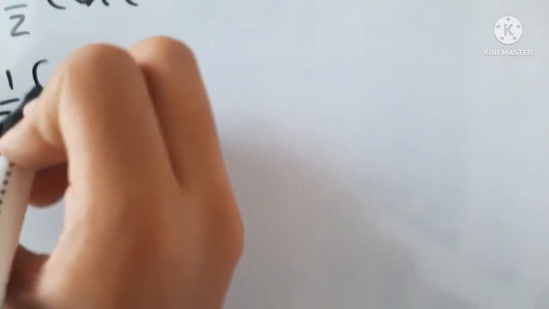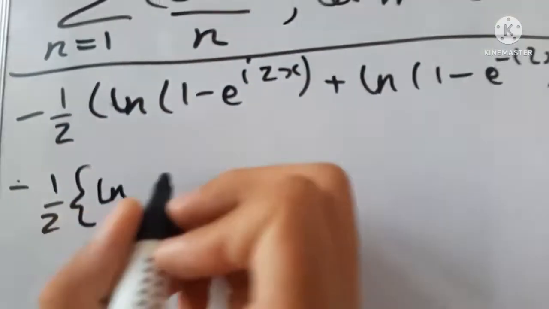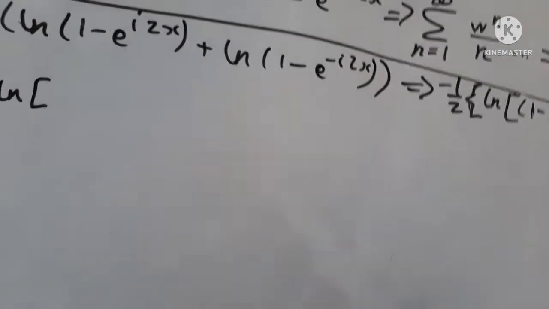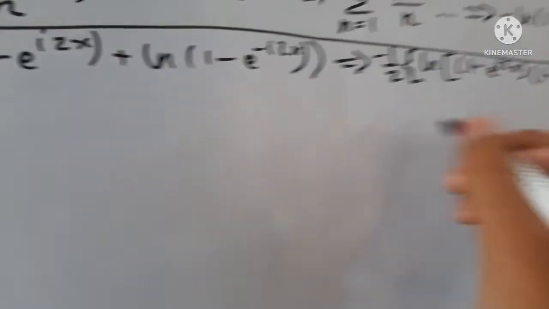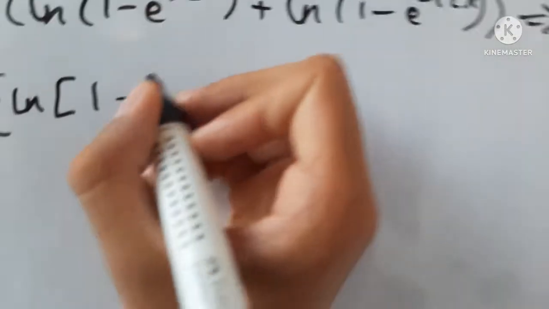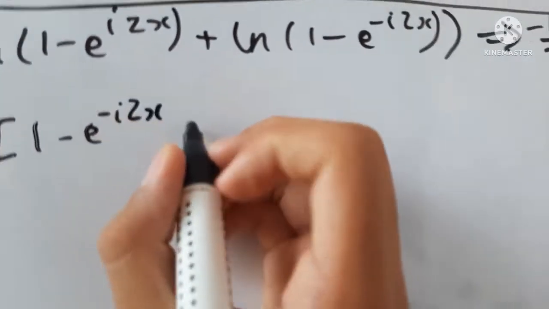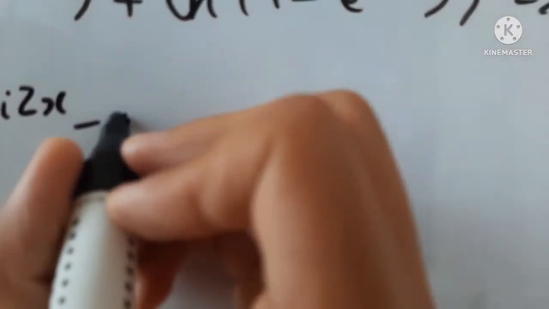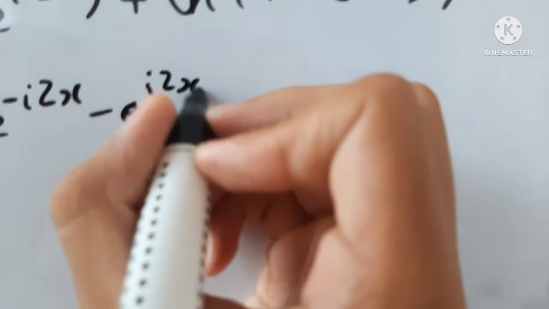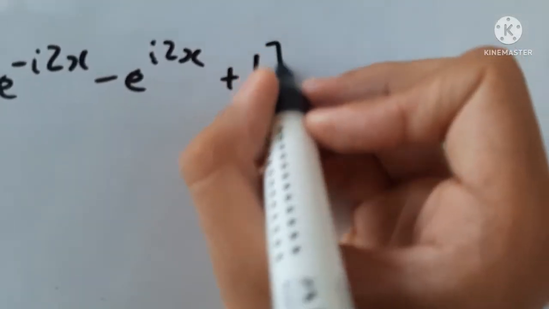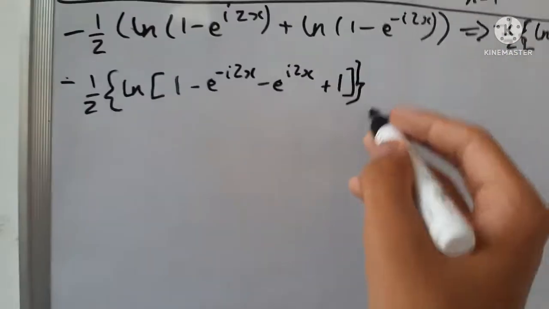Now it shouldn't be that hard to see how I'm multiplying them. ln of, so we get 1, then a negative e to the minus i 2x, then a negative e to the i 2x, then a positive 1. So that bracket is this bracket.